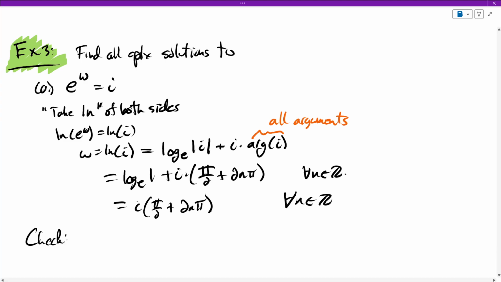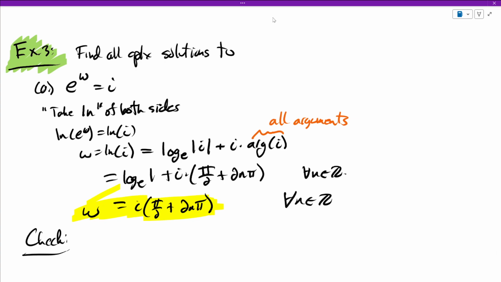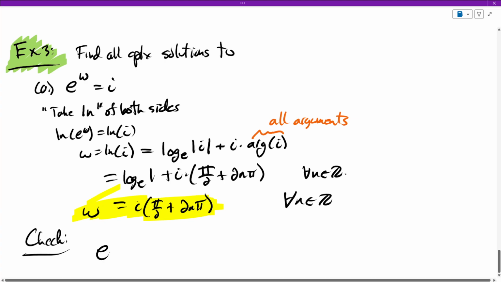And in fact, we can check this. Let's check real quick that these are the solutions. Let's highlight them first. I claim that these are solutions, and in fact these are all the solutions. So if we exponentiate base e of both sides, we should get i on the right hand side. So this is e to the i pi halves plus i 2 pi n.